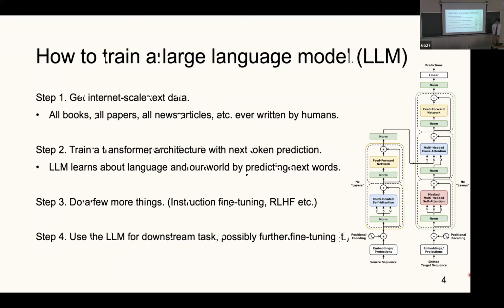And then step number 4 is, now that you have this finished, polished, aligned large language model, we use it for a downstream task. Whatever it is that you want to use a large language model for, you can just use it as is, or you can further fine-tune it to induce certain behaviors for the application at hand and use it.